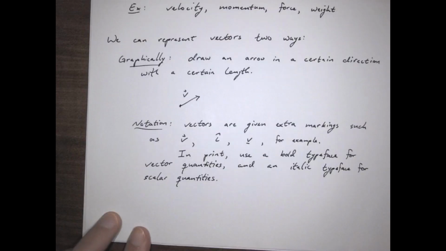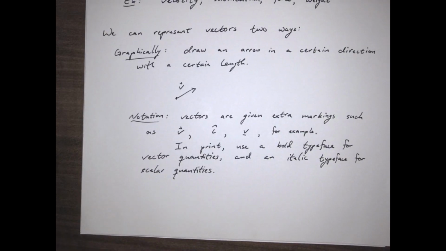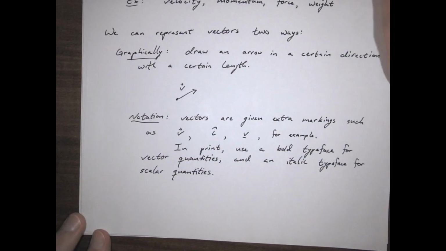So in print, vectors are denoted by not being italic and by being in bold. Scalar quantities, on the other hand, are typically represented with italics. So graphically, we can represent them that way.